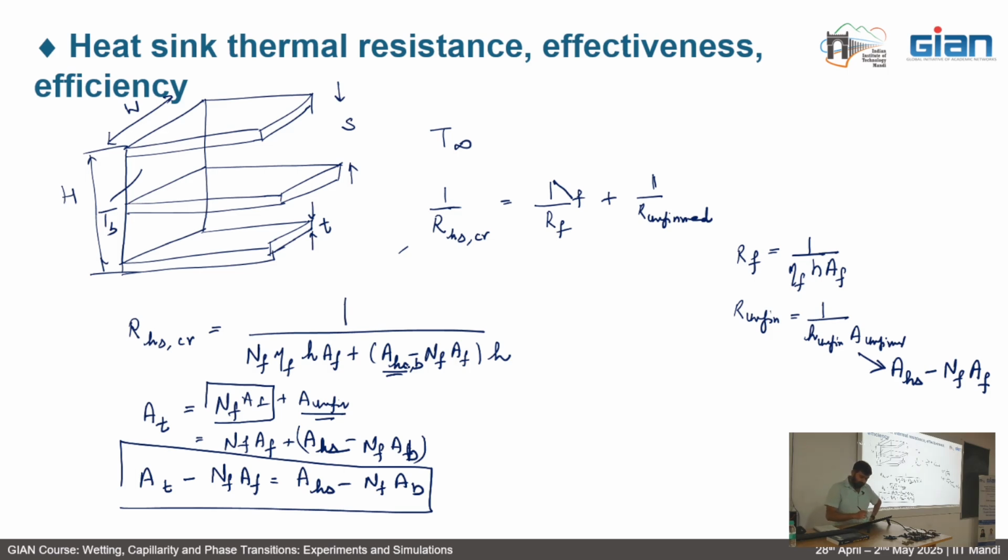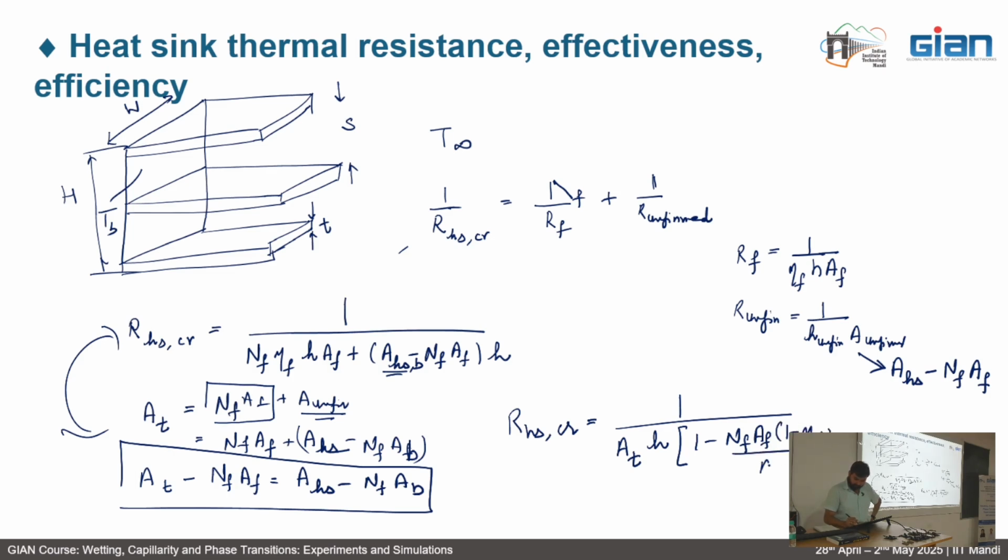And ultimately after simplifying all this, what we get is R of the heat sink from the convection and radiation is equal to 1 over the area from which the heat transfer takes place times the convective heat transfer coefficient times 1 minus NF AF times (1 minus eta F), whole divided by AT. That is the net thermal resistance of the heat sink because of convection and radiation.